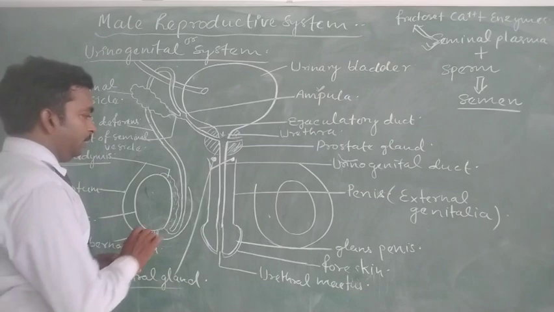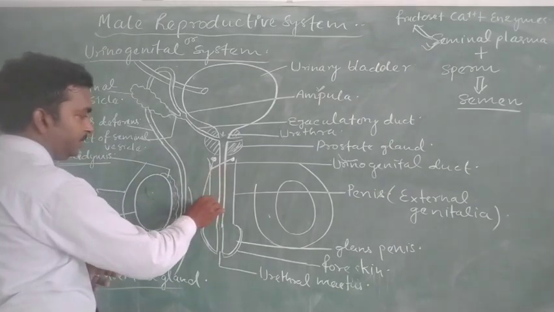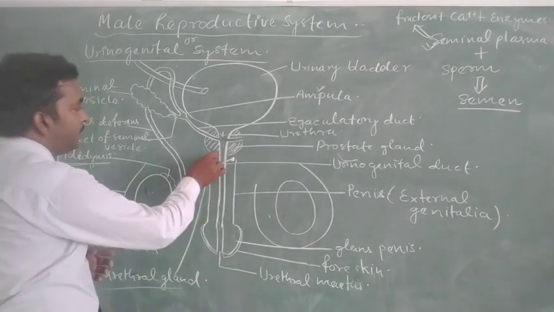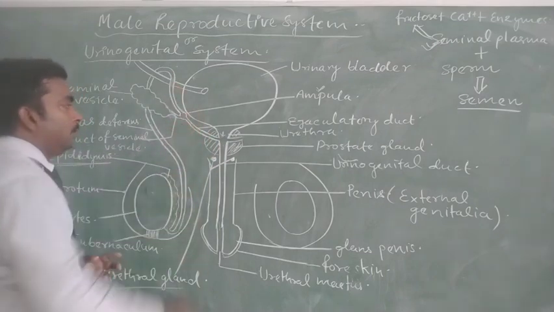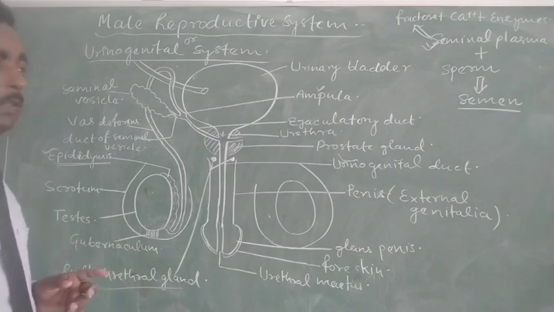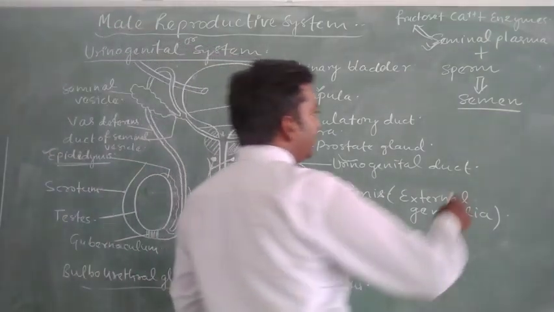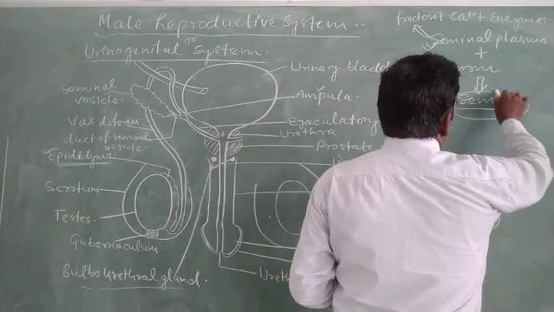So when these glands release their secretion into the duct along with the sperm, that combination is known as the semen.